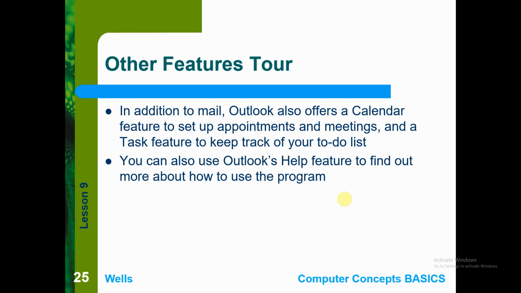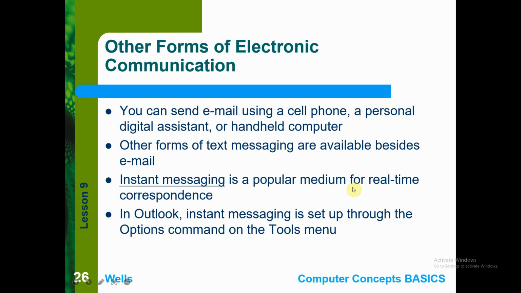So it has features such as calendar and appointments, like our Google Calendar, and use the F1 help feature to find out more on how to use the program. Other forms of electronic communication are the cell phone and the personal digital assistant or handheld computer. Email can be managed using apps.